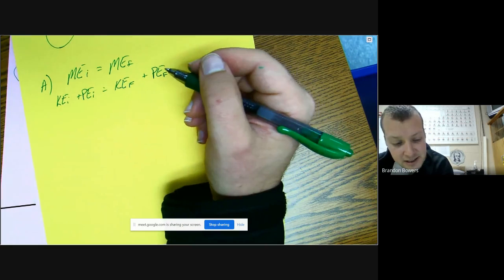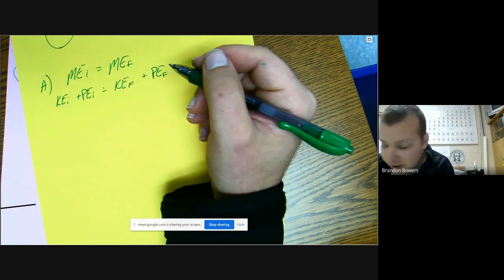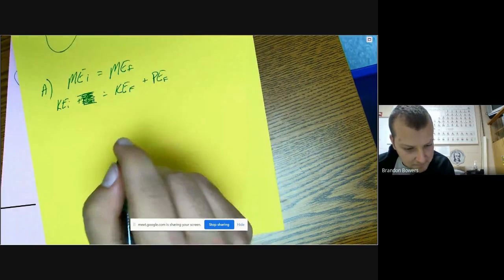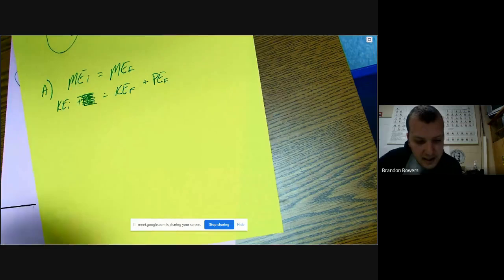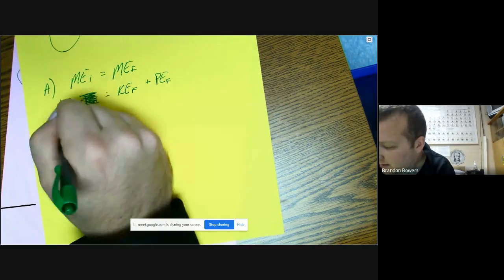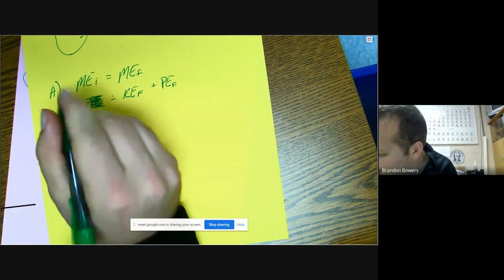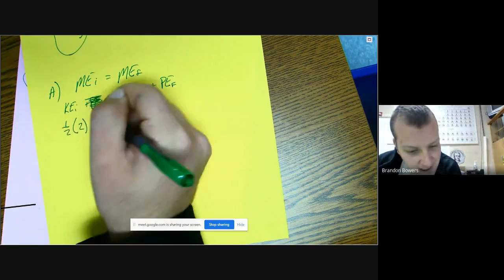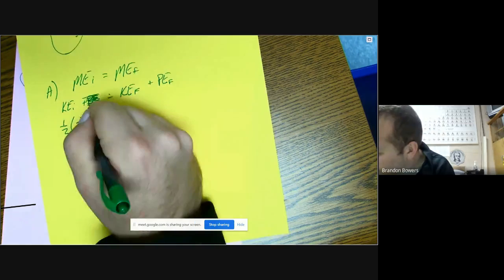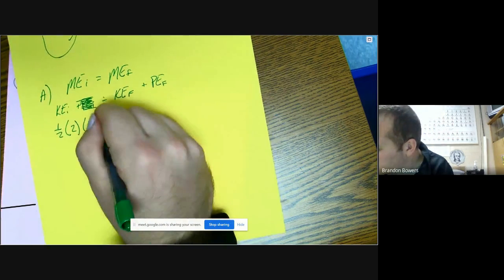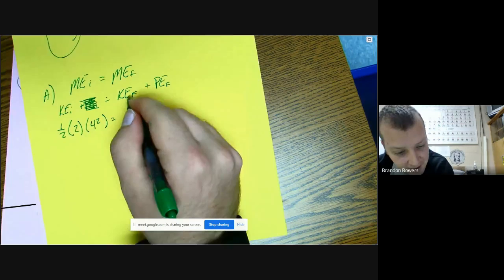So there is no potential energy at the initial. So that's going to be 0. And then the final, we're going to have both. So the initial kinetic energy: we're going to have half the mass, the mass is 2 kilograms, times the velocity squared, which is 4 squared, is equal to the kinetic energy final.